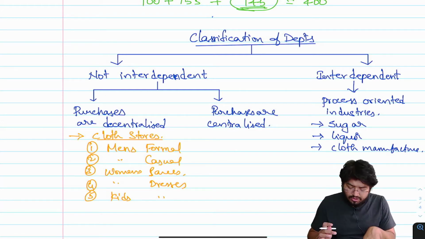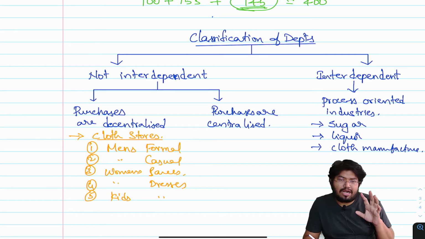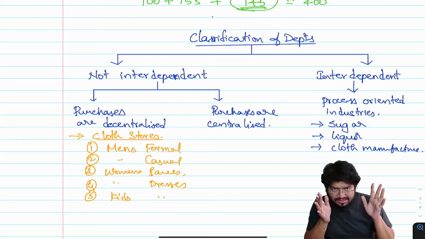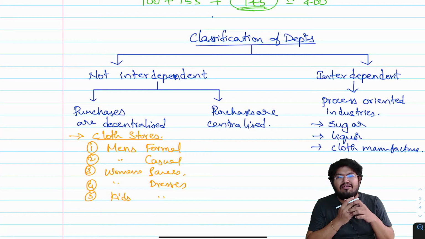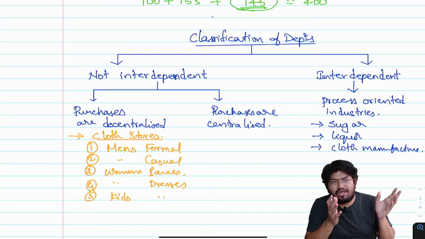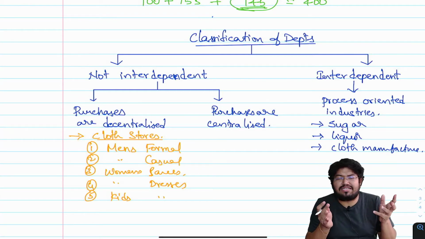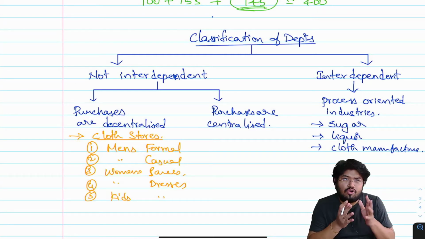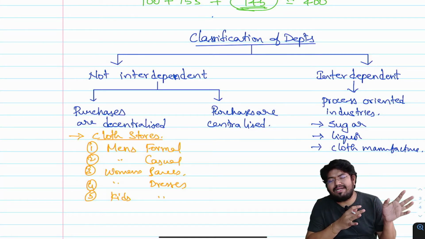Okay, so in all of these cases, none of these departments will go together to purchase raw material or to purchase their required stock. Why? Because men's formal comes in cloths or comes in a different place. Men's casuals, jeans and t-shirts, are manufactured by some other factory. So these two guys can't go to the same place and buy whatever they want. In a similar fashion, women's sarees would be in a different place.